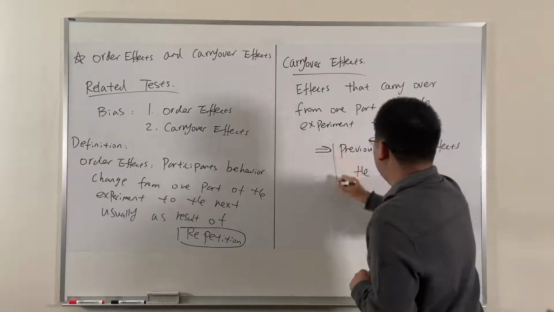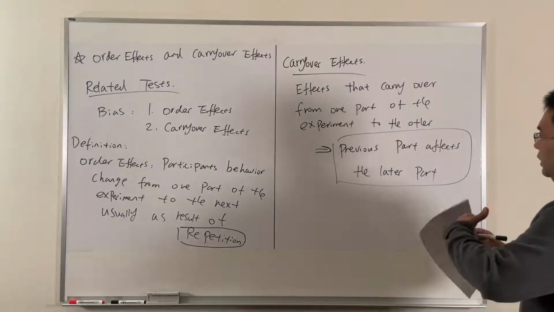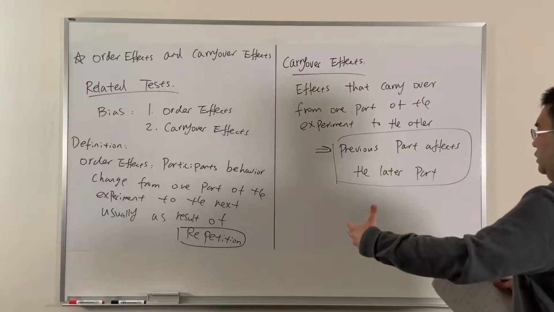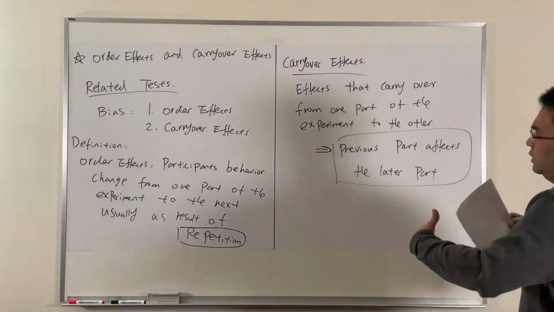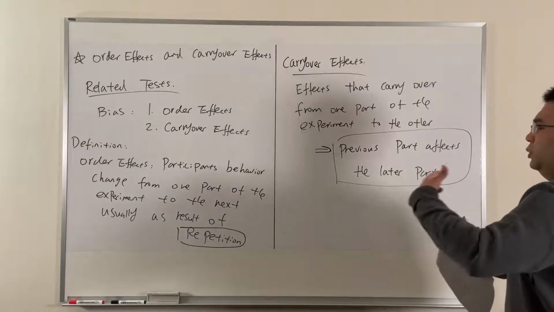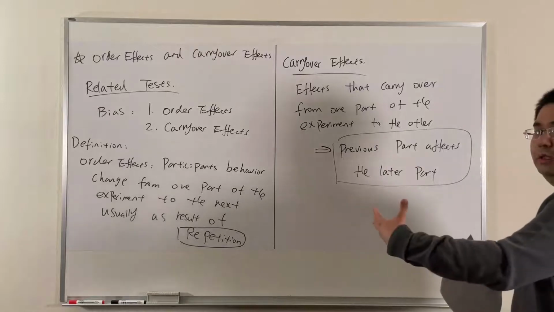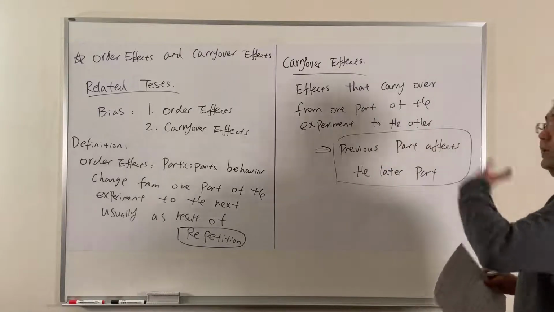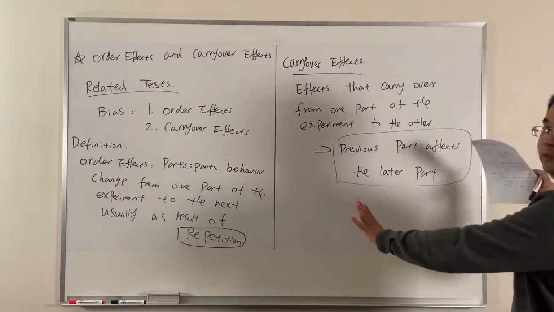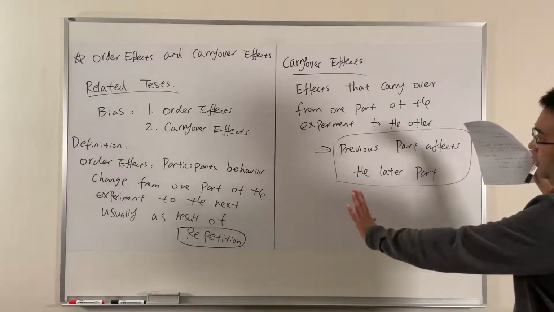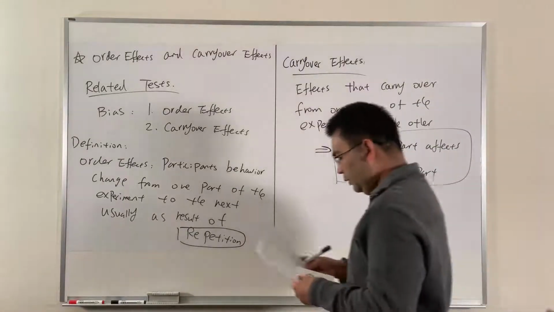So in this case, the bias is because there's something in the previous part of the experiment that's affecting the later one. It's not due to repetition, it's because something in the previous part is affecting how you do in the later part, right? We'll do an example for you to see how they're different. They look very similar, but they're very different when we look into details.